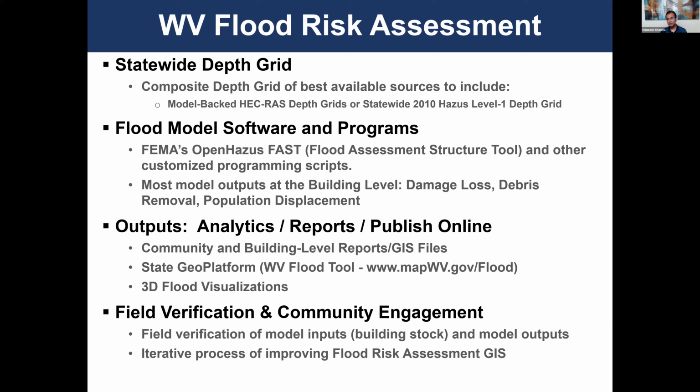So these two inputs we are using in FEMA's software, FAST, which is a Python-based flood risk assessment structure tool. And we are using that to generate the damage loss. Once we do that, the outputs come out, and that gets used to generate analytics and reports, and this gets published online on Flood Tool.